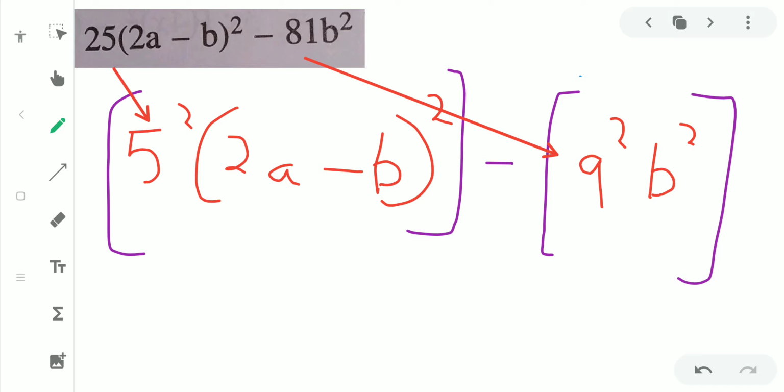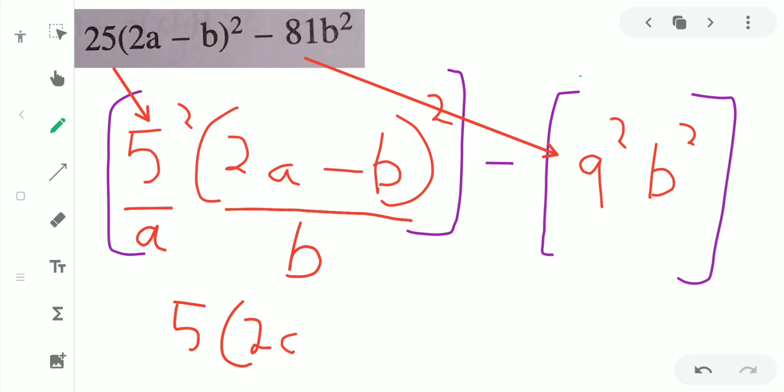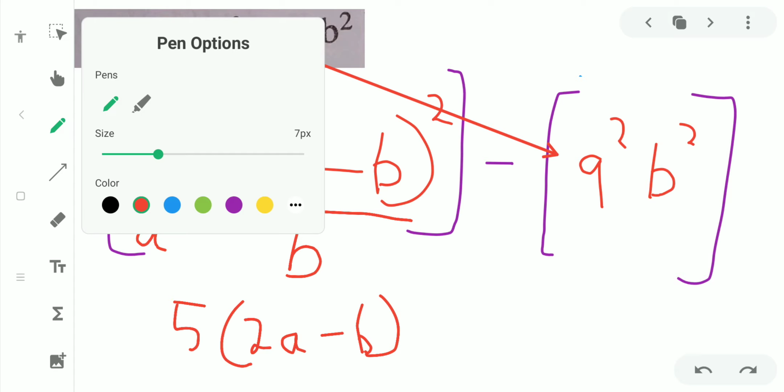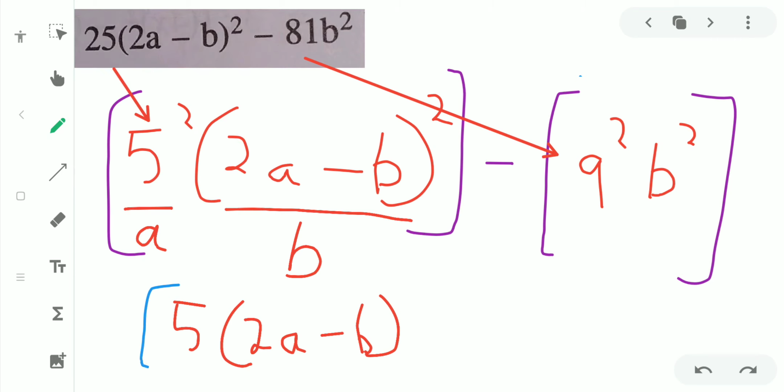Five square times 2a minus b whole square. If this I am considering as a, and 2a minus b if I consider as b, so we will be getting a square into b square, nothing but ab whole square. So that is our formula. So we will be getting 5 multiplied with 2a minus b whole square. So the whole square I am representing it in blue color.